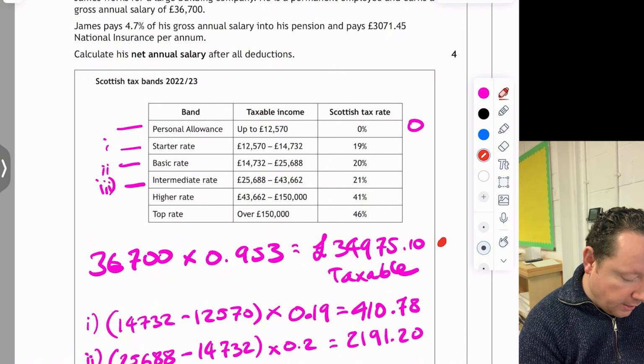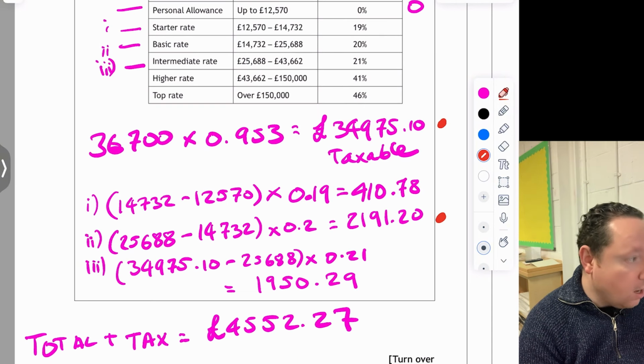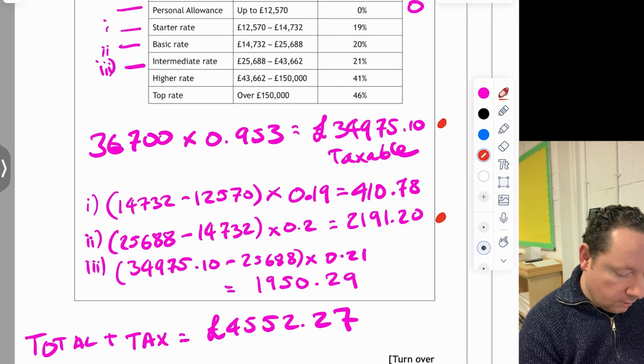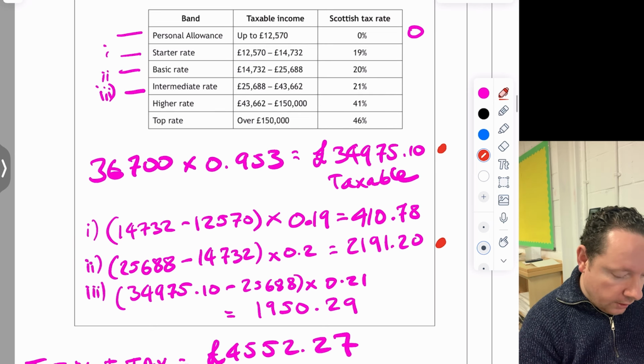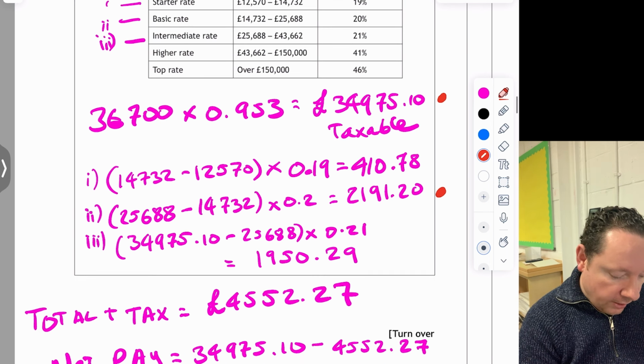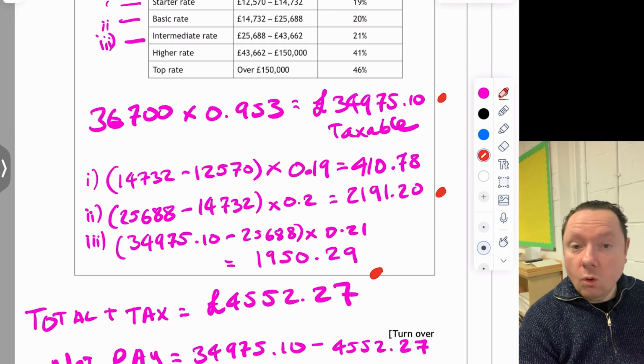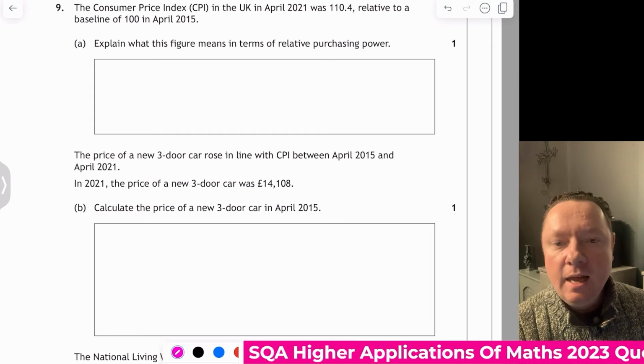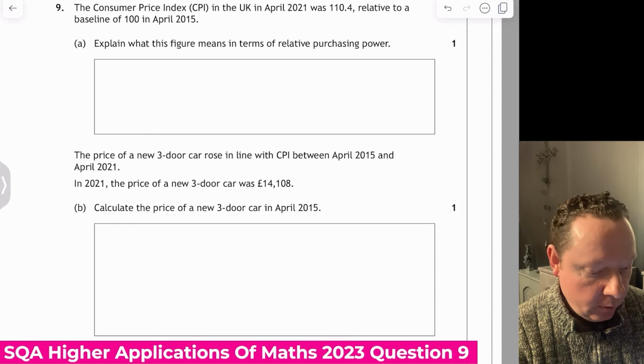You get a mark for calculating tax for the remaining bands and total tax to pay. So, starter, you actually get a mark for doing 0, then these two, and then a mark for the final band and the total. So you get a mark there, and then a mark obviously for your final answer. Add them all up.